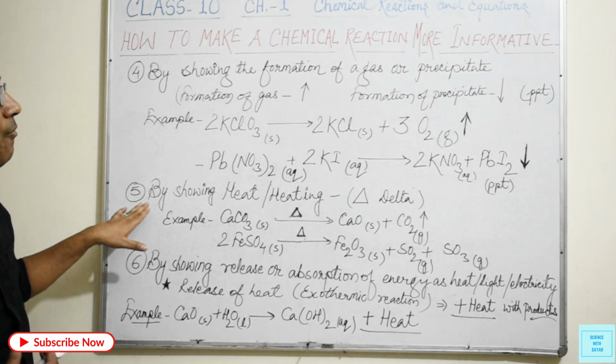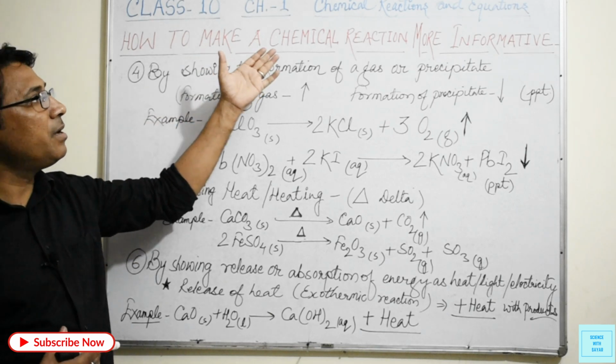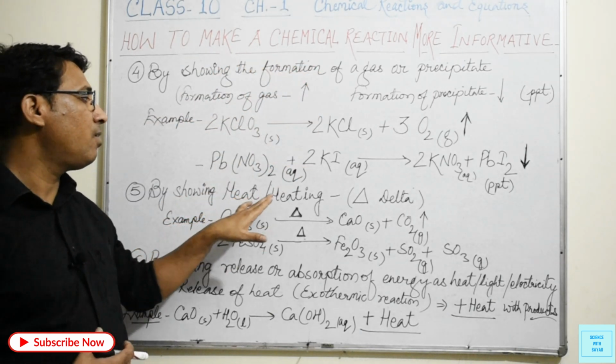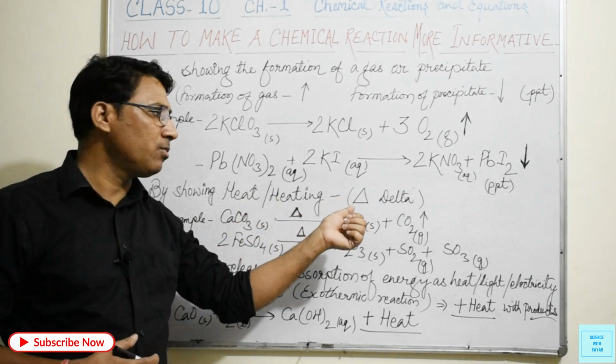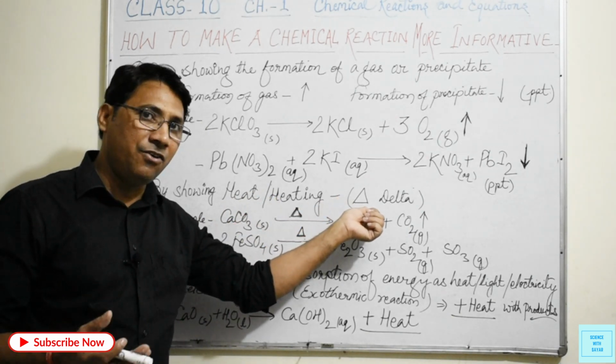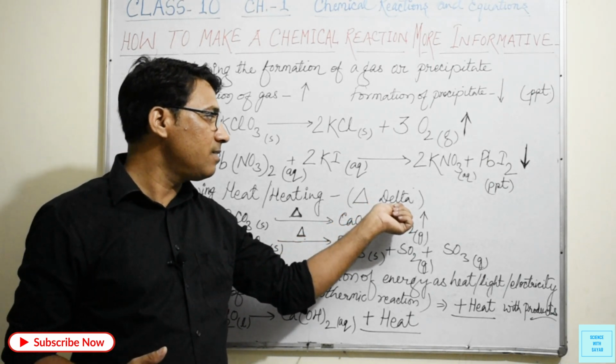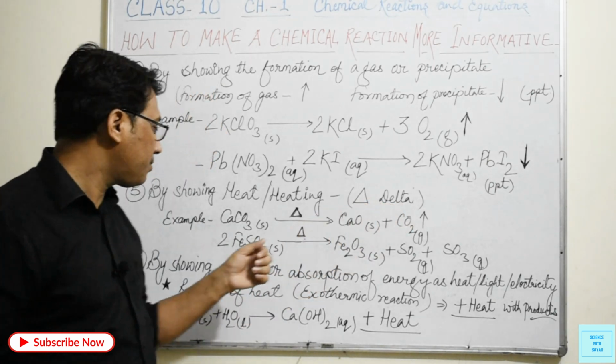Now the other way of making a chemical reaction more informative is by showing heat or heating. And as you know, this heating or providing heat is shown by a sign that is the delta sign.